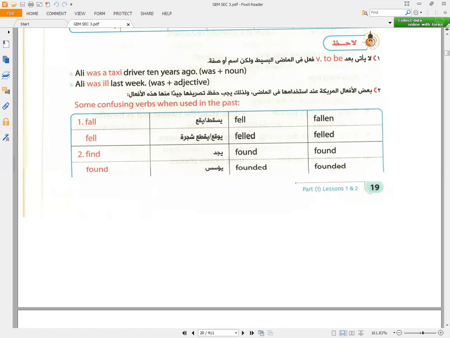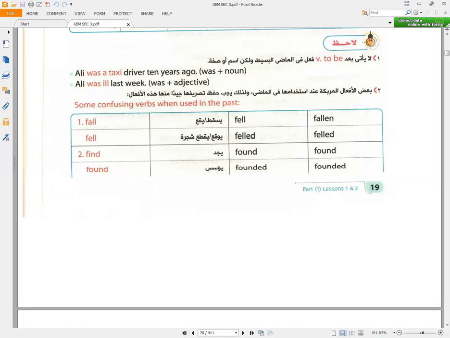It's a regular verb. Felled. Okay, but we have fell, the second form of fall. How can I know whether this is fell or fell to cut a tree? Of course, it will be clear through the context.